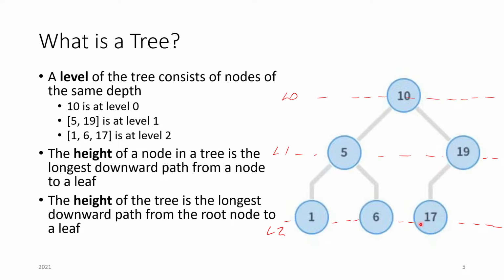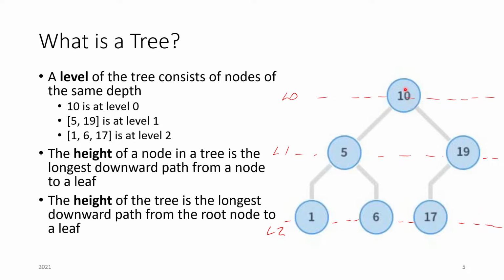And we see here that the leaf here is 17, and this is at level 2. And the difference in levels here will give us the height of 19, which is 2 minus 1, which is just going to be 1. If we wanted the height of 17 here, because 17 is already at a leaf, then there's no height here, so the height here is just going to be 0.